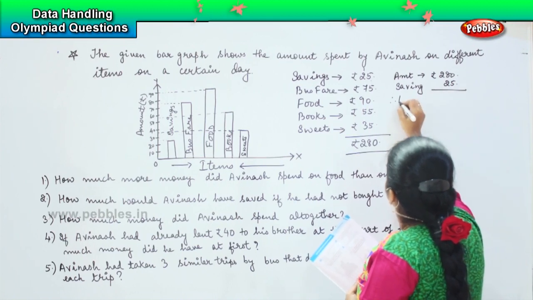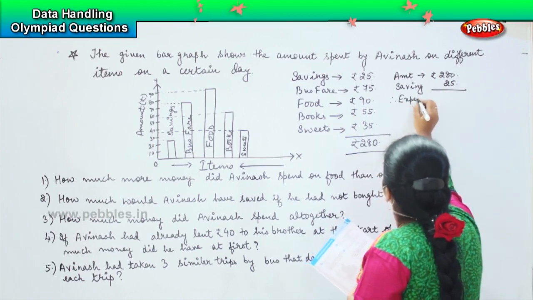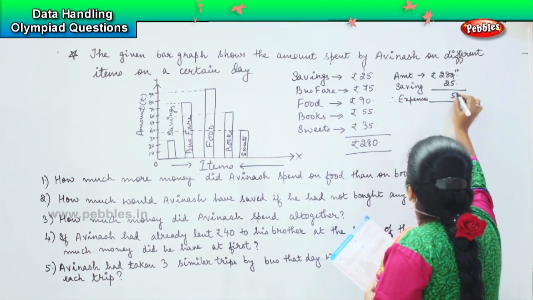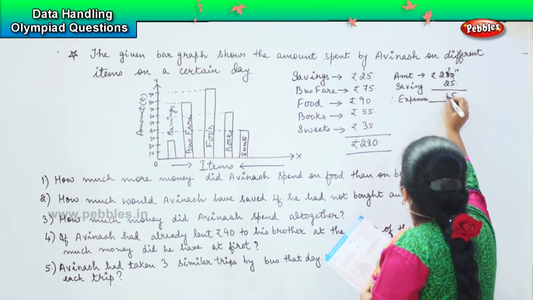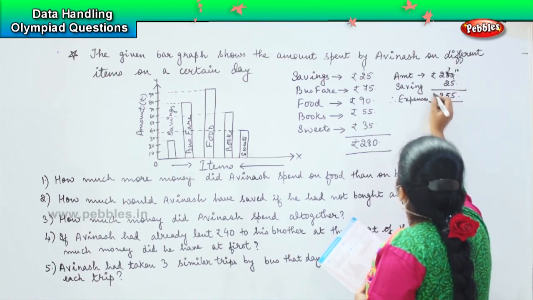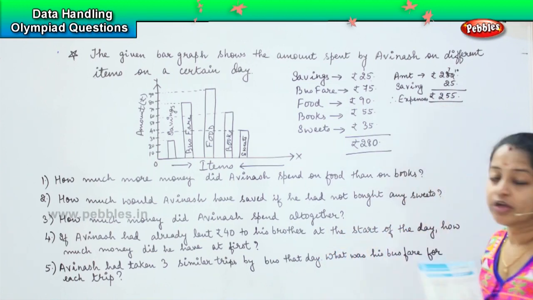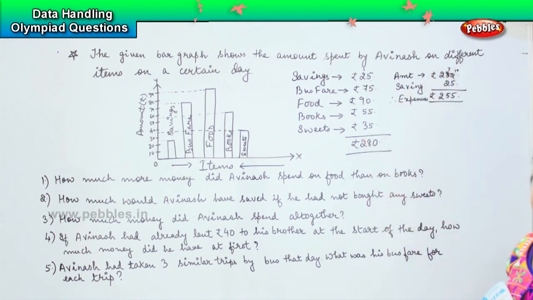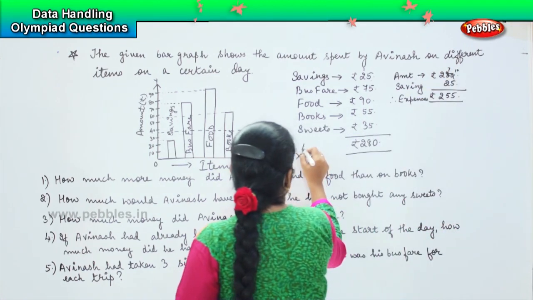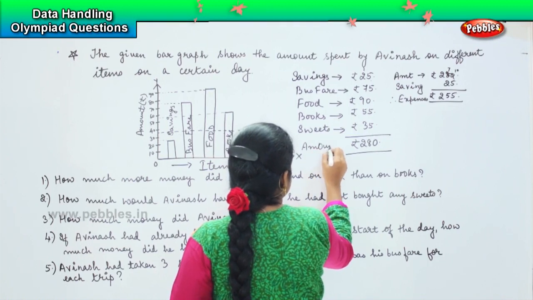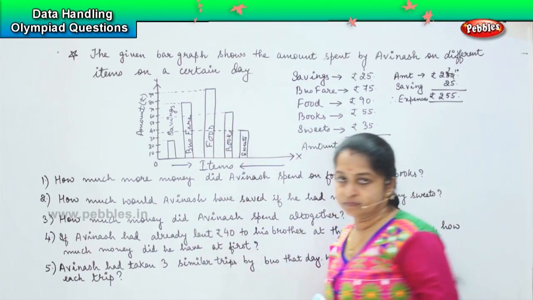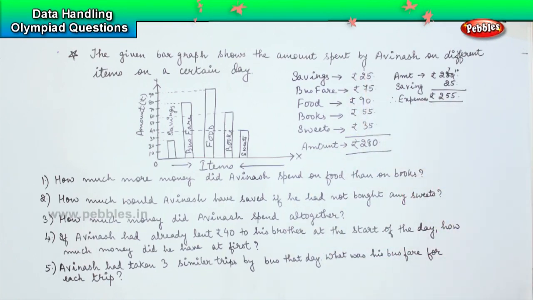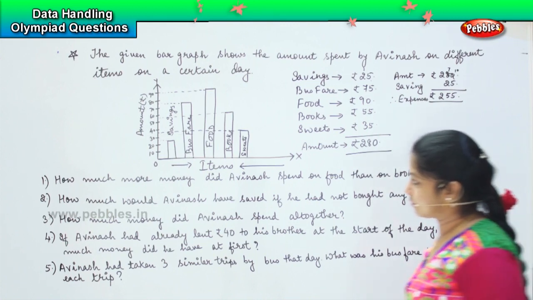So the expenses that he made, 10 minus 5 is 5, 7 minus 2 is 5, and 2. So he made total expenses of 255 rupees, 25 rupees was savings, and 280 is the total amount that he had. Fine.